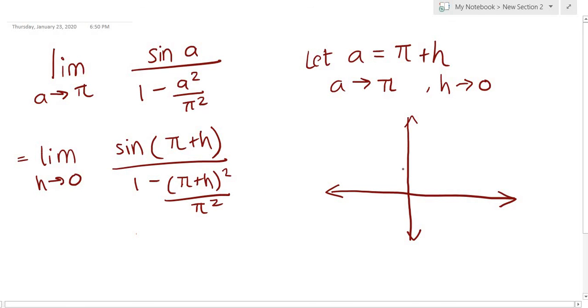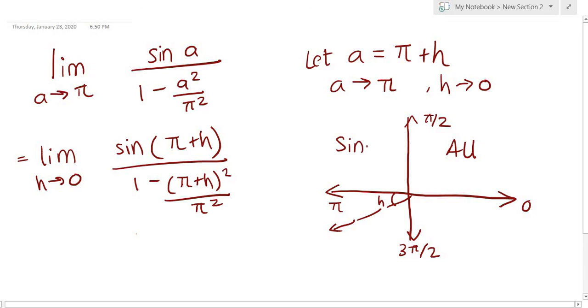And in case you were wondering how we were going to simplify the sine of pi plus h, let's draw where the angle pi plus h lies. So here we have all angles pi by 2, 0, here's pi, here's 3 pi over 2. Since h approaches 0, h is really small. Pi plus h is somewhere like this. Here all angles are positive.